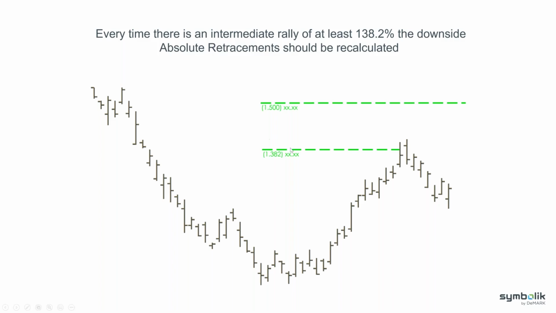You can see in this slide that we've exceeded the 1.382 absolute retracement, and so that's where you could project a new downside level from. If you're projecting downside from the left, this is where you could project a new one since we've exceeded 1.382.